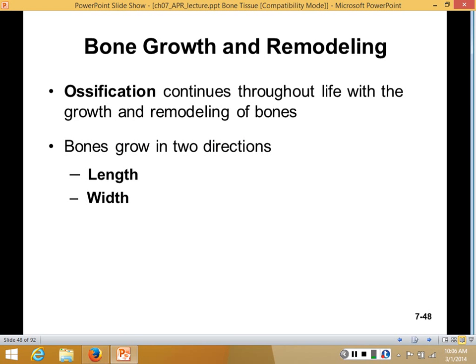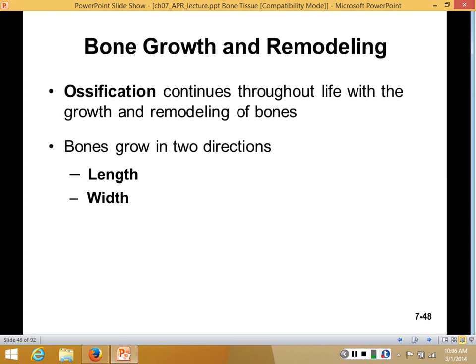Ossification continues throughout life with the growth and remodeling of bones. Bones grow in two directions, in length and width. There are two terms to describe the growth of bone: interstitial growth and appositional growth. The interstitial growth is responsible for the elongation of the bone. Appositional growth is how the diameter and the width of the bone will increase.